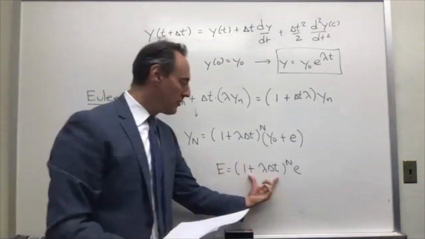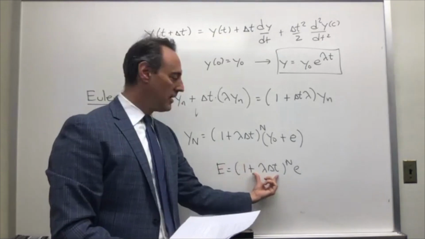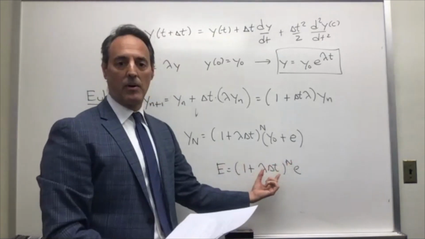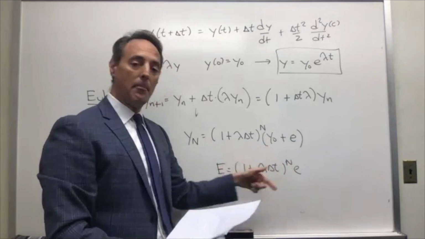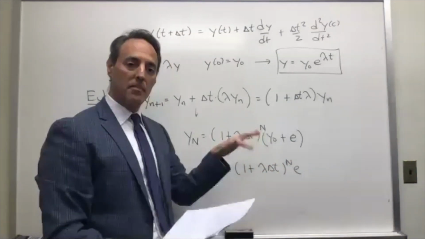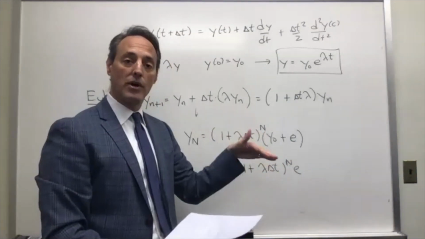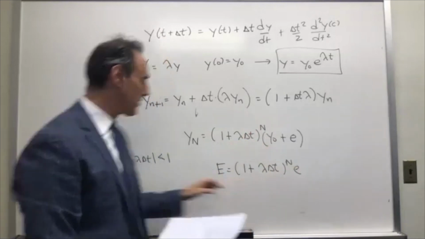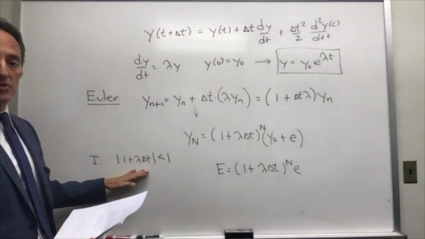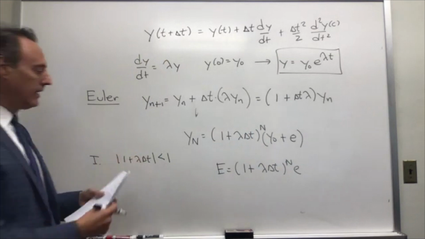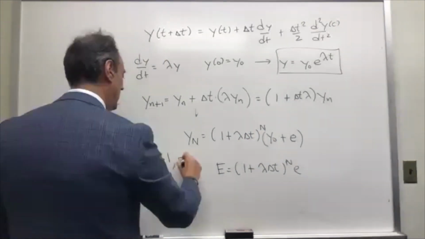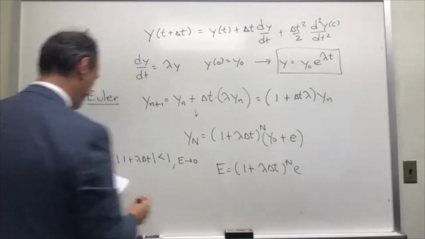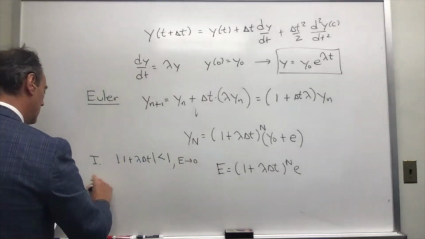So if the absolute value of this is less than 1, and I'm going to take it to the nth power, then I'm multiplying a number that's less than 1 by itself over and over and over again. And then the error will go to 0. Okay? E goes to 0.